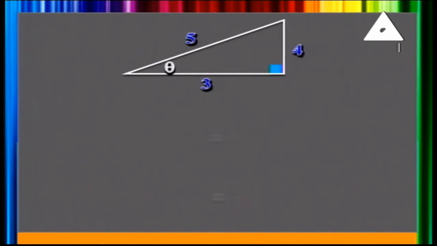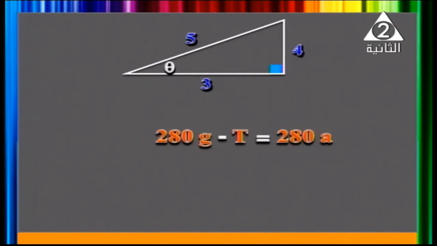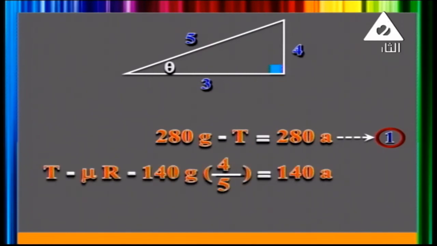Then, my dear student, second equation, 280g minus T equals 280a. My dear student, take the first equation of system. The second is T minus mu R minus 140g sine theta equals 140a. This is the second equation.